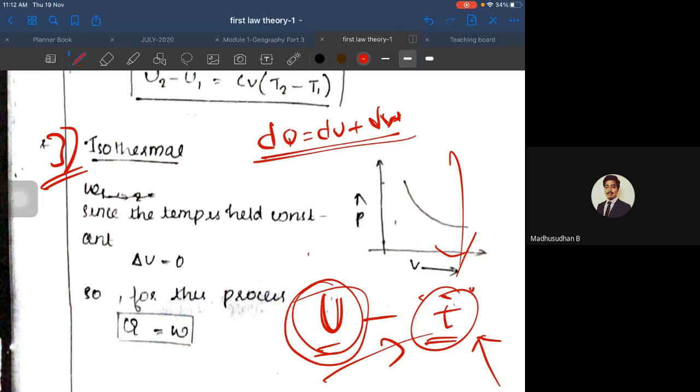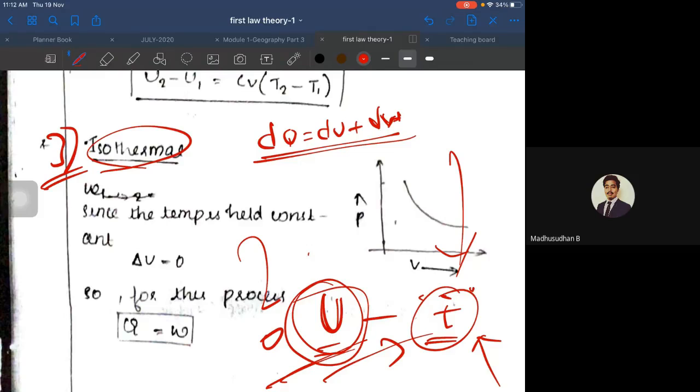So if you want to change the internal energy, what do you want to change? Temperature. Are you changing the temperature in the isothermal process? No, sir. Constant. So if there is no change in the temperature, will the internal energy value change? No. As simple as that.